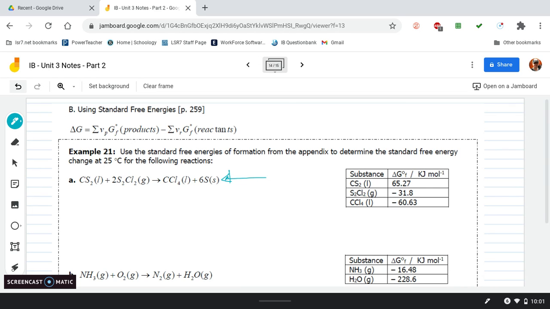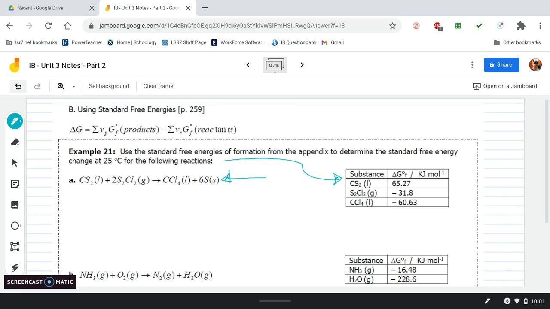We're going to run through this. It says use the standard free energies of formation from the appendix to determine the standard free energy change at 25 degrees Celsius for the following reactions. These are the free energies of formation right here. So products minus reactants.